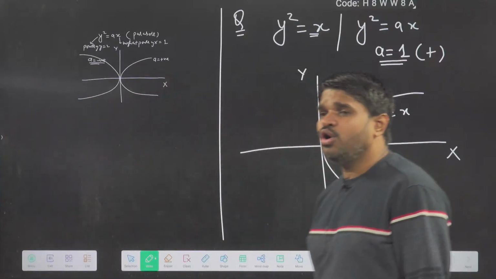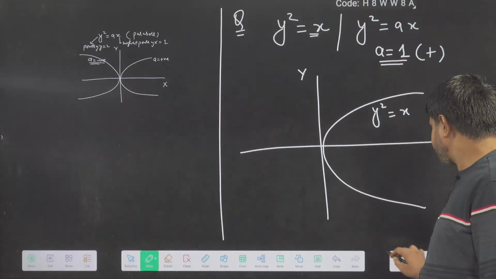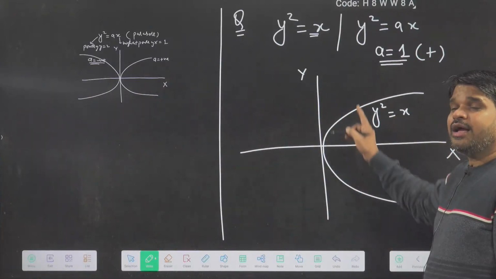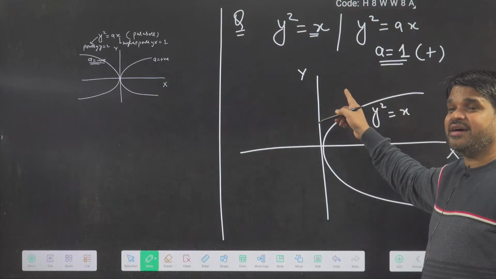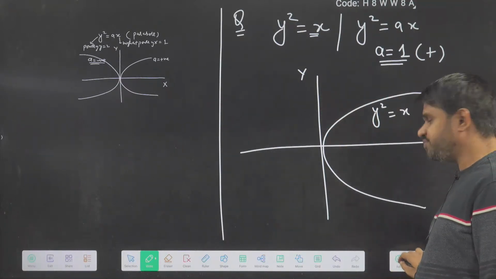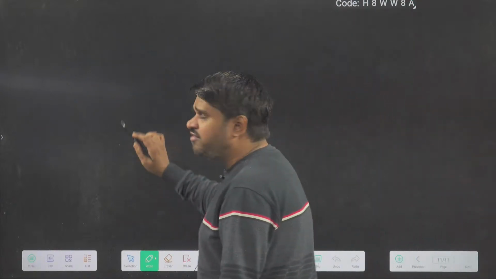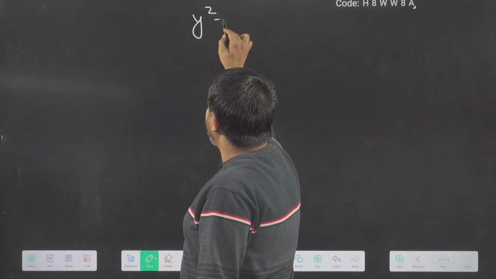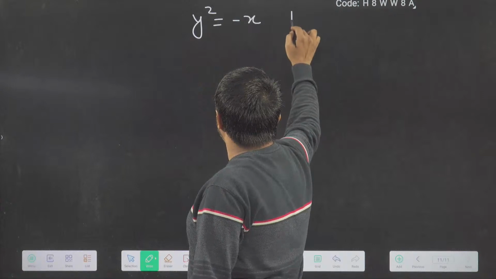Now you do the next one. Keep this in mind, from this we will learn one more graph. First draw this graph: y square equals minus x.